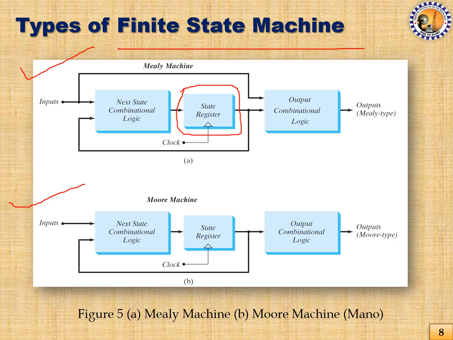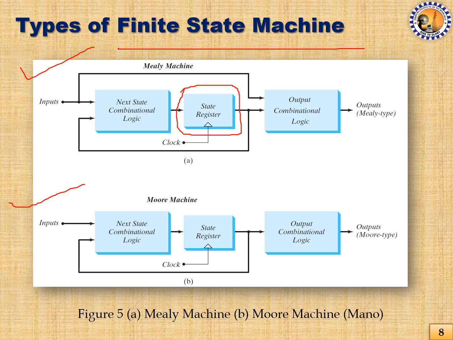Now, in case of Mealy machine, the output combinational logic will be governed by two types of input, one coming from the state register and another coming from the inputs directly. Based on these two, the final output will be decided in case of Mealy type of state machine.